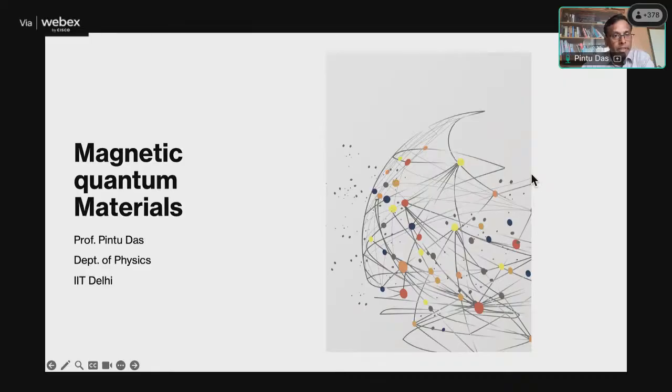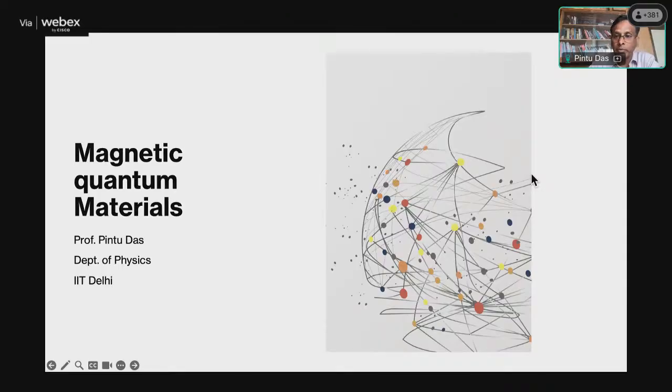And in the second phase of this lecture, I will try to give you some experimental ideas on how to measure those signatures of magnetism or quantum magnetism in this kind of materials.